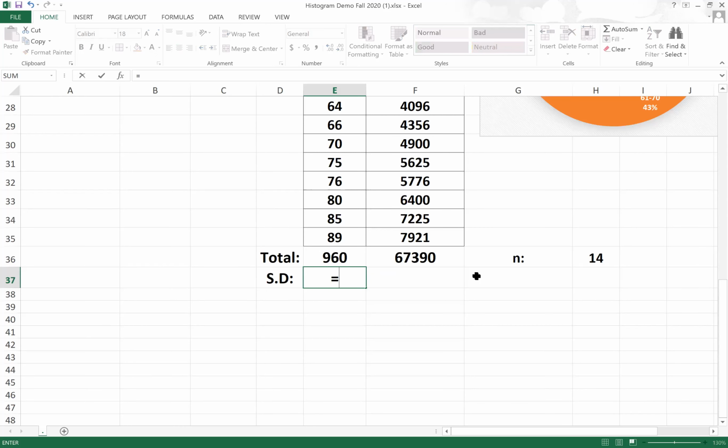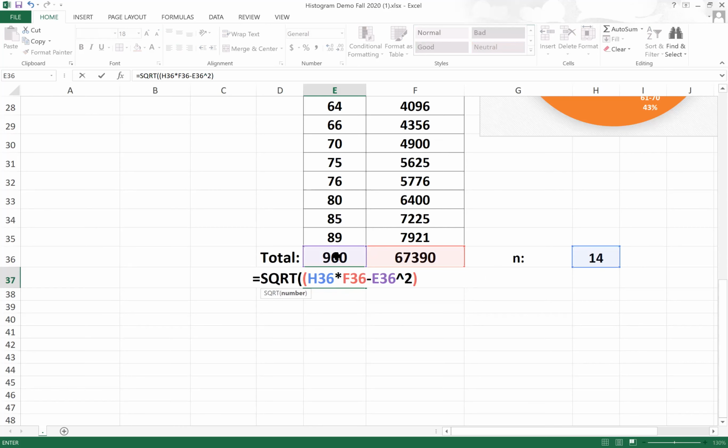All right, so now calculate the standard deviation. The formula uses a square root, so it's SQRT, which represents square root. Put an open parenthesis for the numerator over denominator. In the numerator you put 14 times the summation of x squared, using all the cell numbers, minus the summation of x, squared.